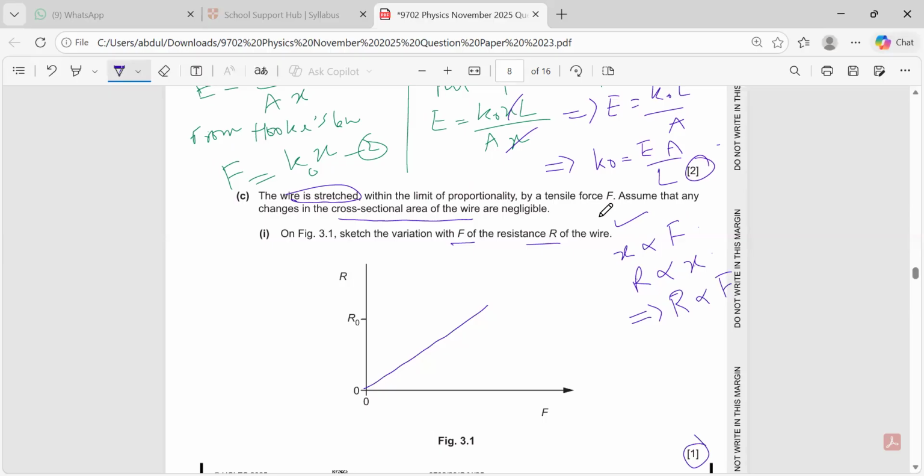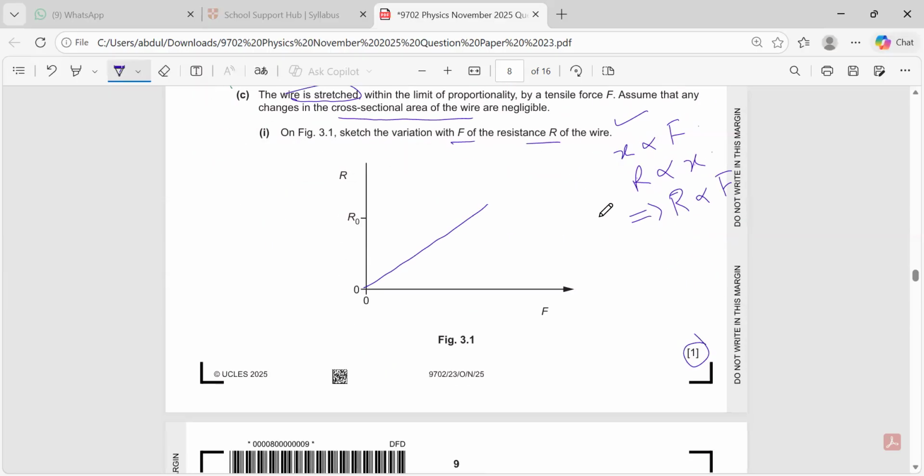So when the length is increased, resistance will also be increased. So resistance of the wire is directly proportional to the stretching force, because stretching force will make the increase in length and that will lead to the increase in resistance. So force is causing the resistance to increase, and directly proportional.